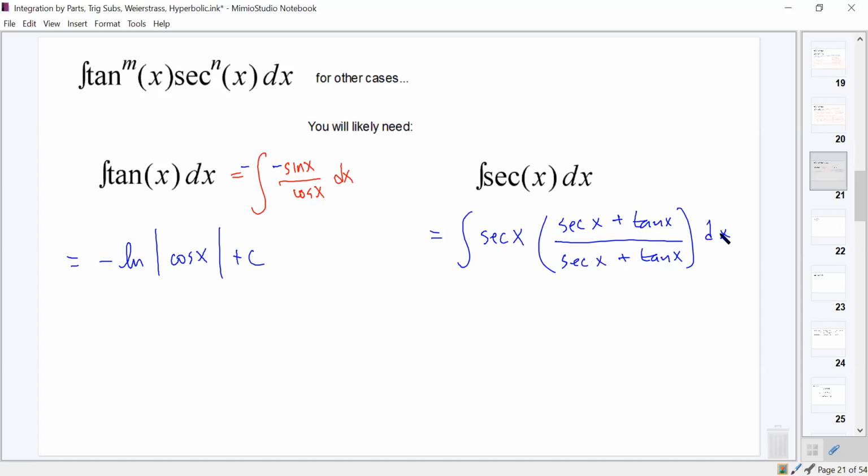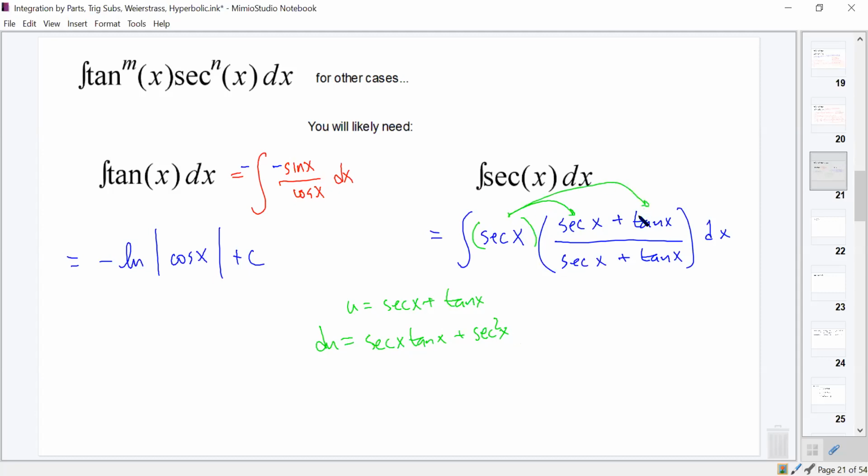Okay. So then we're going to do a u sub for this. We're going to u sub out secant x plus tangent x. So what will du be? It ought to be secant x tangent x plus secant squared x. And if you look at now what we've got in the numerator, that's a secant squared x, right?